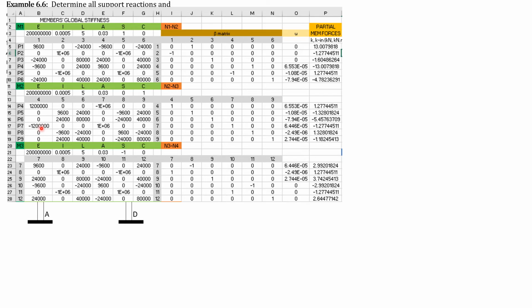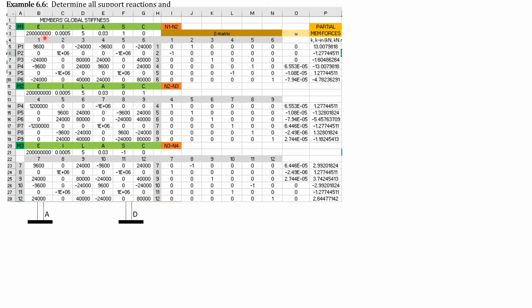Member 1 is A to B. Remember, it is just a frame or door frame. A to B has its cosine 0, remember? Then A to B, it's upward, so the sine is 1. The area is 0.03 meter square, 30,000 mm square. The length is 5. The moment of inertia is 0.0005 or 5 times 10 to the negative 4 meter to the fourth.